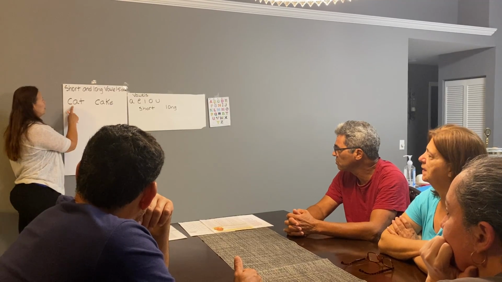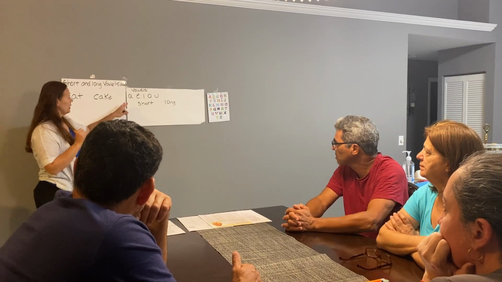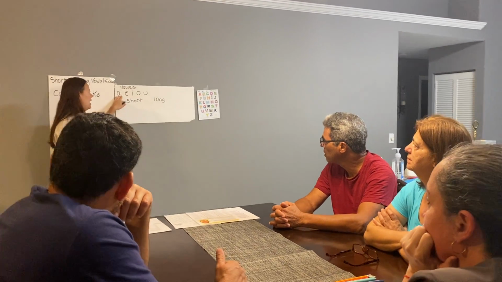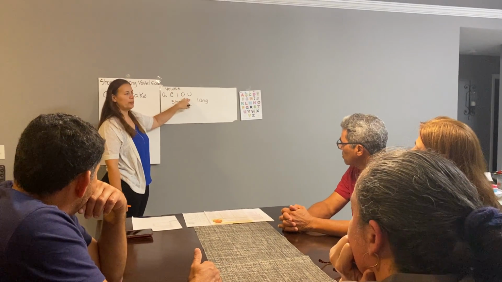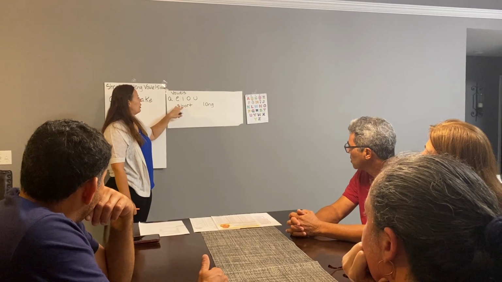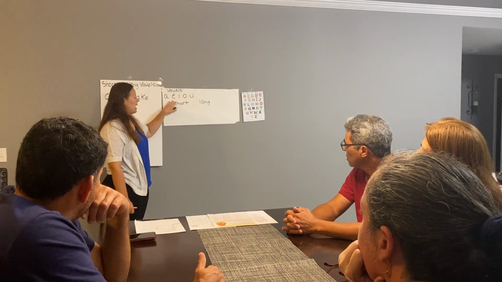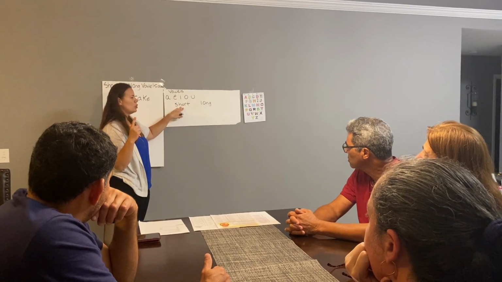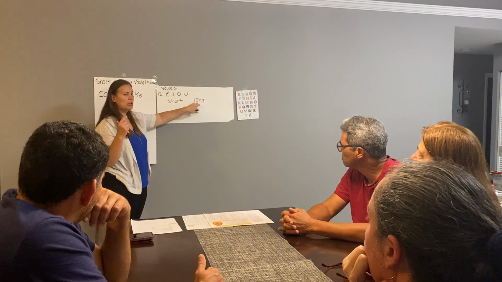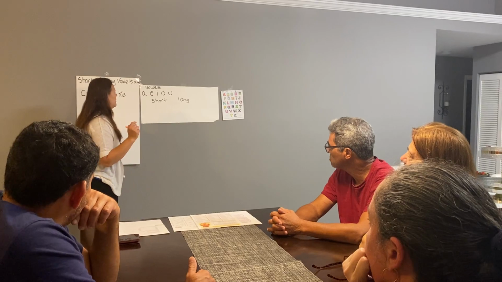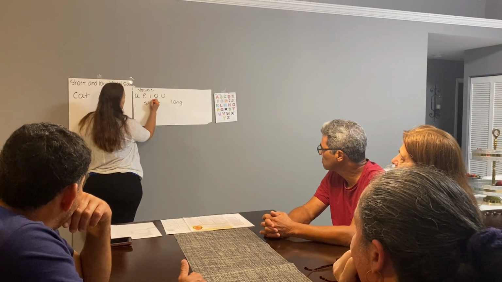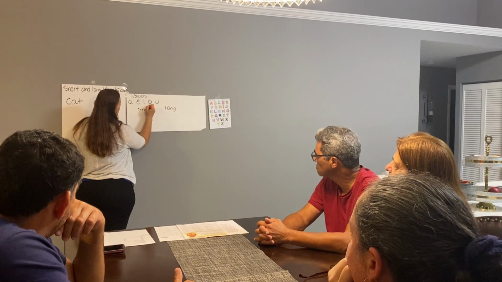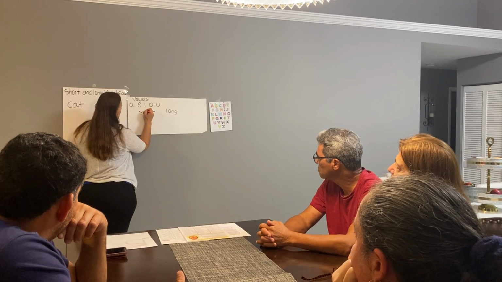Okay? So the short sound. We know that the alphabet has 5 vowels. A, E, I, O, U. These 5 vowels have 2 sounds. The first one is called the short sound. The second one is called the long sound. So every time you see the word short, in first grade, we do the smiley face.